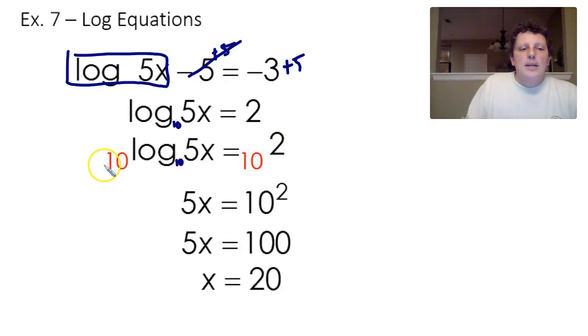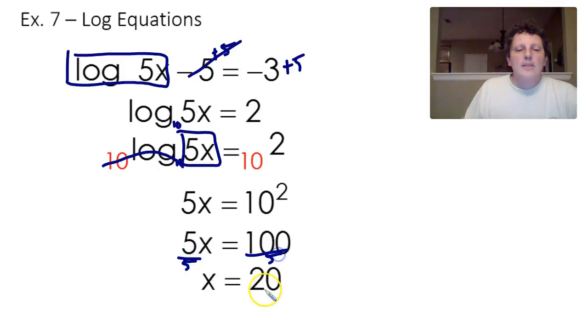I do this because the 10 to the log base 10 cancels out, leaving me with just 5x. And on the right side, I can raise 10 to the second power to get 100. My last step is I still have a 5 next to the x. I divide both sides of the equal sign by 5 to get x equals 20.